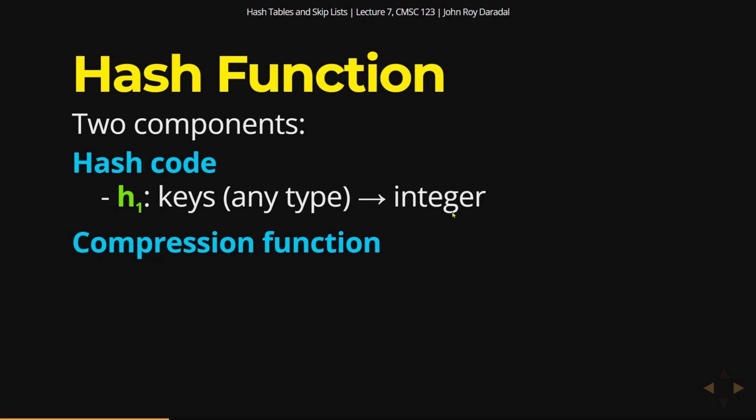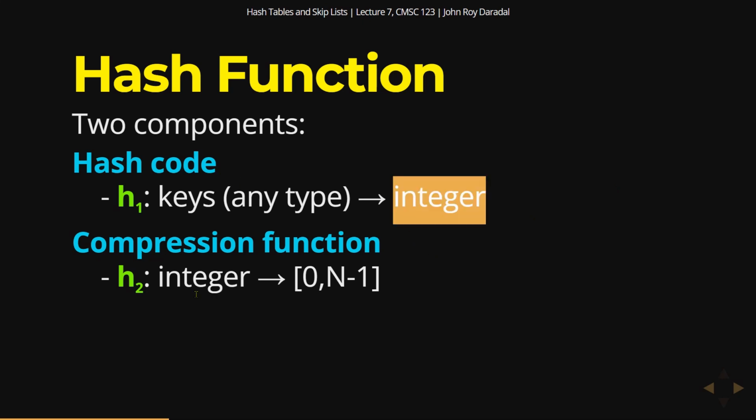As long as you can convert the key to an integer, that's the job of the hash code. The second part is the compression function. It takes the integer from the hash code and compresses it into the range 0 to n minus 1.